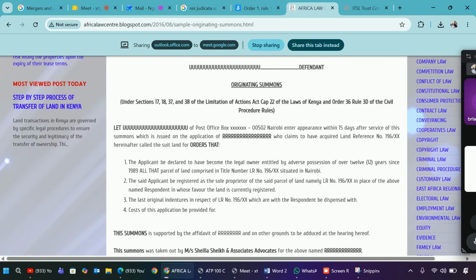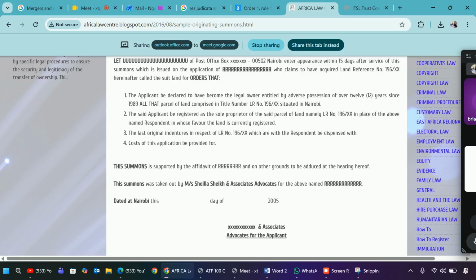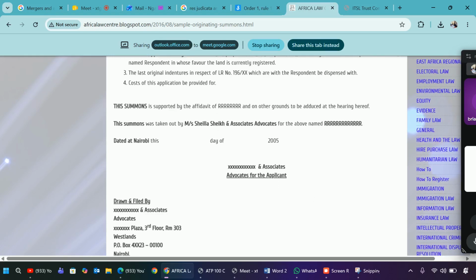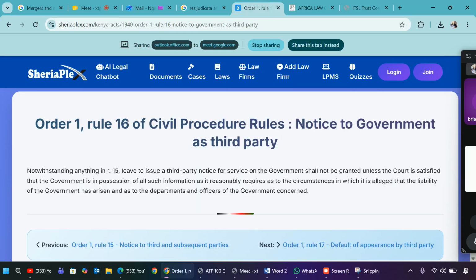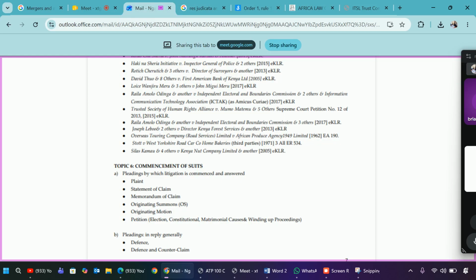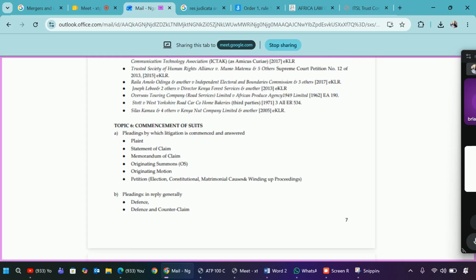Let these parties or this person or this PO box number enter appearance within 15 days after service of this summons, which is issued on the application of who claims to have acquired land reference herein after called the suit land for orders that the applicant be declared to have become the legal owner entitled by adverse possession. This summons is supported by the affidavit of RR on other grounds to be adduced at hearing. Then you attach the supporting affidavit. So it is very crucial to mention the nitty-gritties as compared to rushing through.